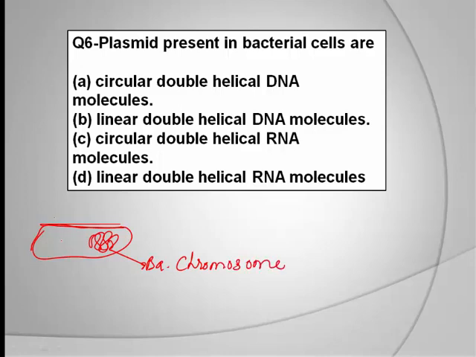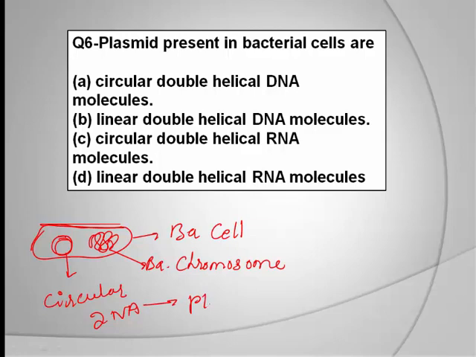Apart from the bacterial chromosome, one more circular DNA is present, and this circular DNA present in the bacterial cell represents plasmid. So plasmid is extra chromosomal DNA.